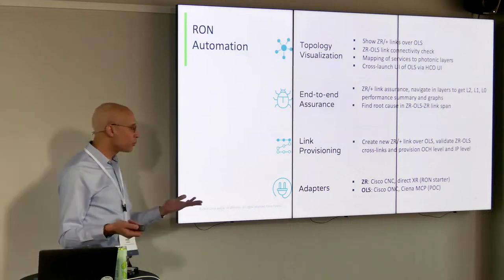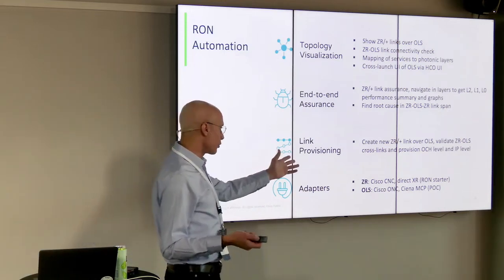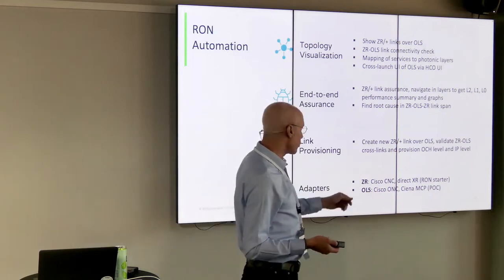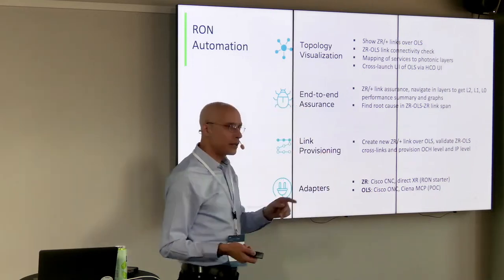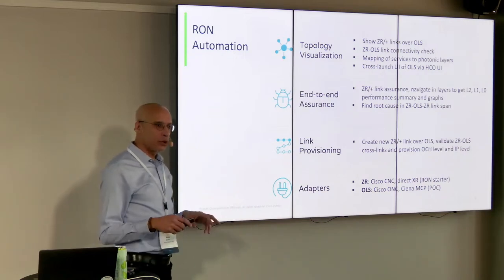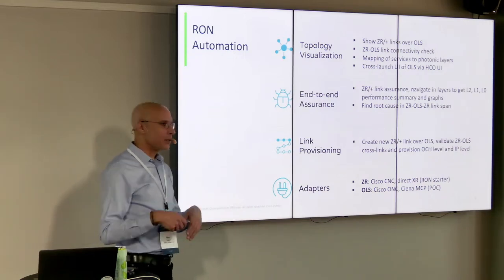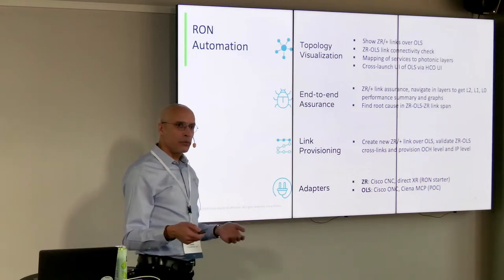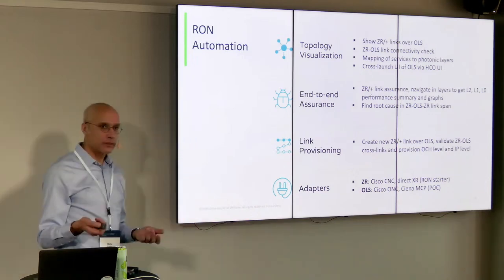We developed already those adapters, of course, for the Cisco CNC, the optical controller. In case there is no CNC there, we have a solution, what we call the starter kit, meaning you can put the HCO there, and we can communicate directly with the routers.